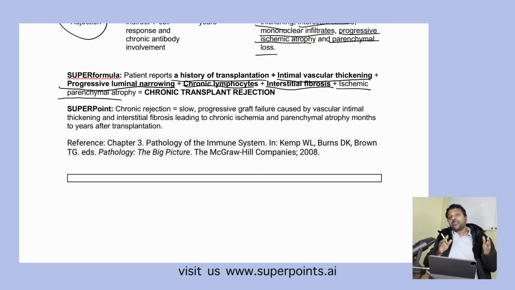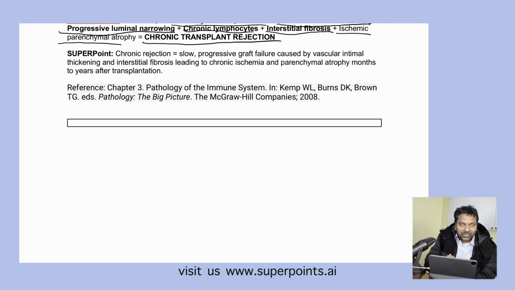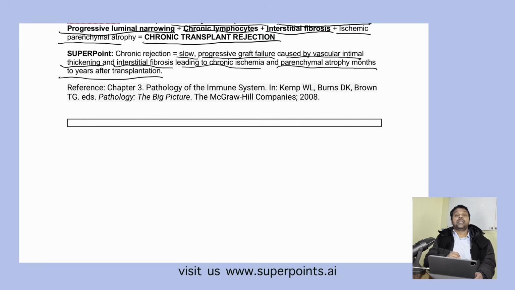Okay. So if you see those keywords, the answer is chronic transplant rejection. So super point here is chronic transplant rejection is slow progressive graft failure caused by vascular intimal thickening and interstitial fibrosis leading to chronic ischemia and parenchymal atrophy months to years after transplantation.